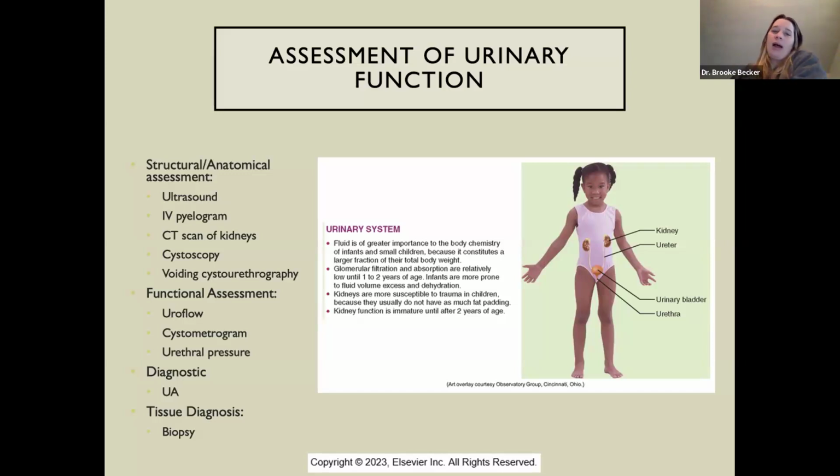An IV pyelogram also utilizes dye, and looks at the kidney filtration of the dye specifically. A cystoscopy is where they put a little camera into the urethra and look at the bladder. Okay. And then a voiding cystourethrogram, which is very similar. It's going to be a little camera while they void, looking at the flow and if there's residual urine left over in the bladder after they voided. Okay.